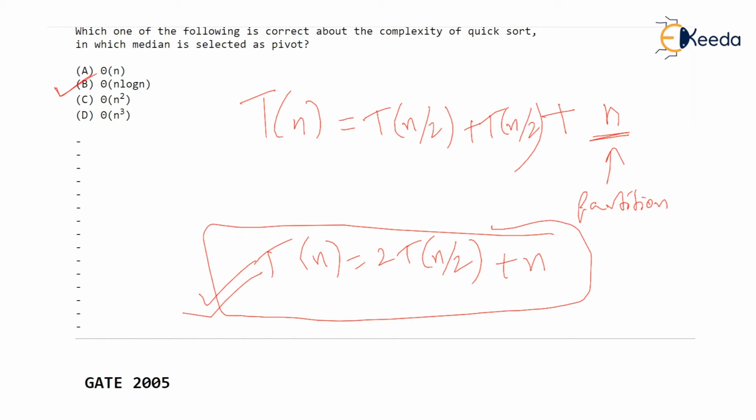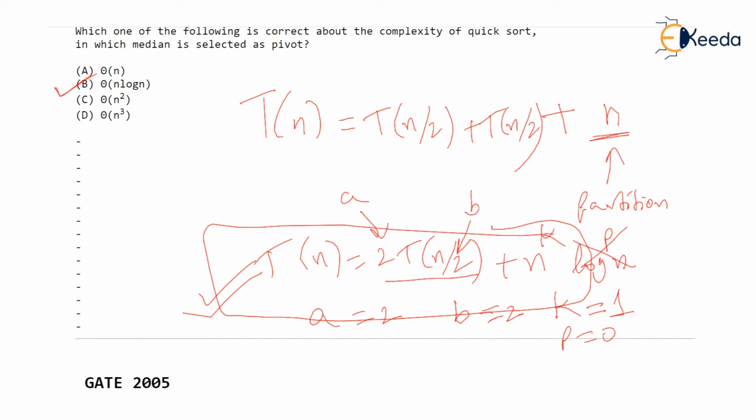Observe, this can be solved by Master's theorem, because a is 2, correct? Here a is 2, b is 2, and n raised to k was the usual order written, and k is 1 over here. Log raised to p of n, so p is 0 here because the log term is missing.